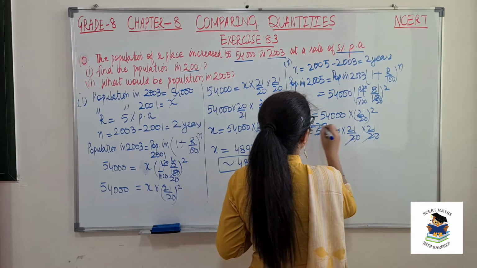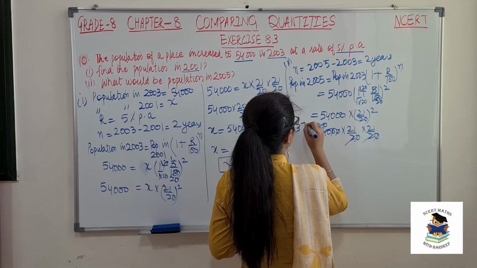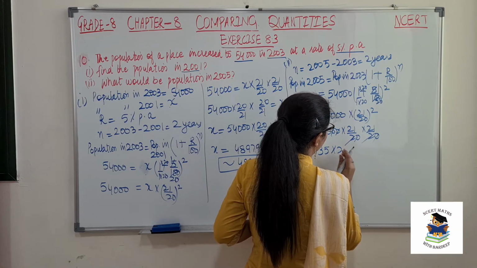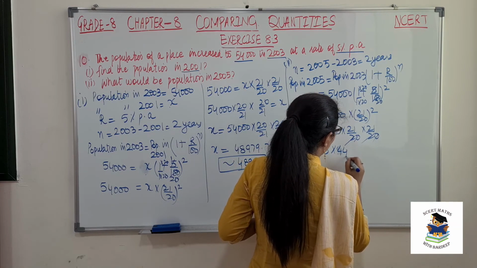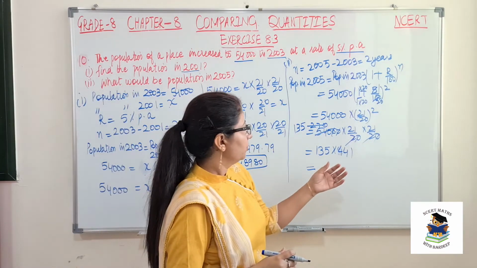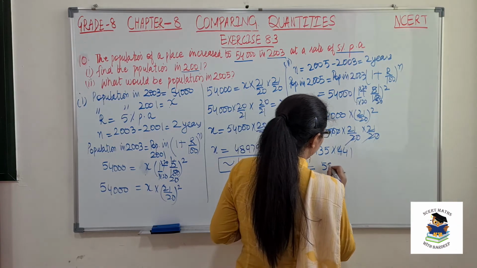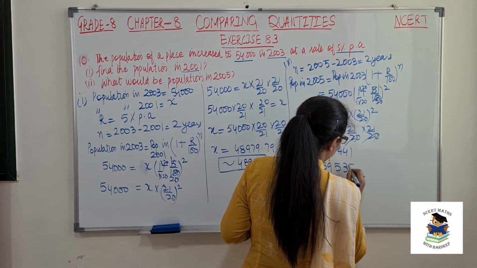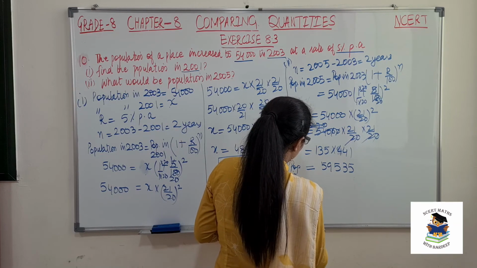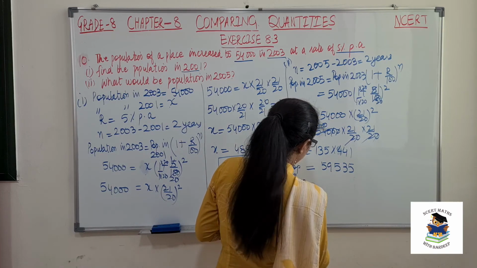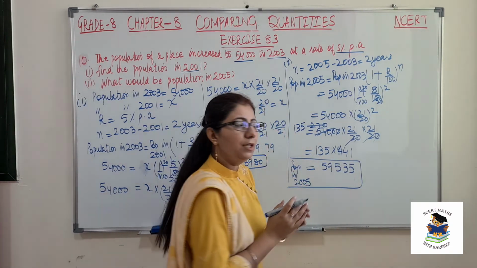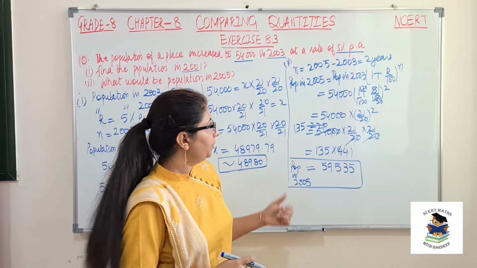Again we can cancel, this is 135. So 135 multiplied by 21 into 21, which is 441. Till here this is clear. After this it will be 59535. So that means the population in 2005 is 59,535.